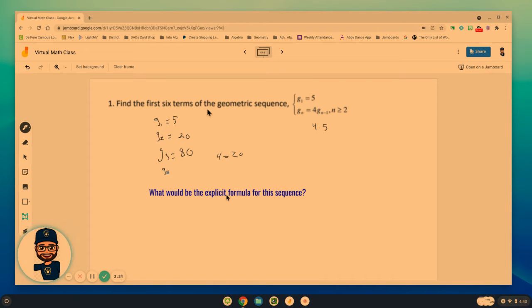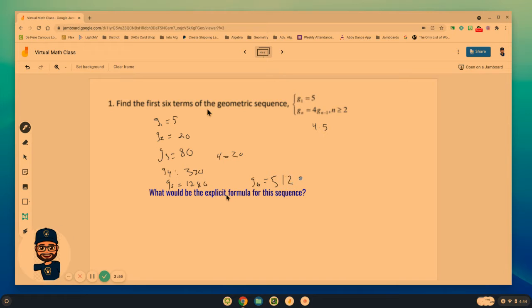That common ratio here is going to be 4. g of 5 is 1280, 4 times, that's 1280. And then g of 6, this one I can't really do in my head, so this is why a calculator is going to be allowed. 5,120.